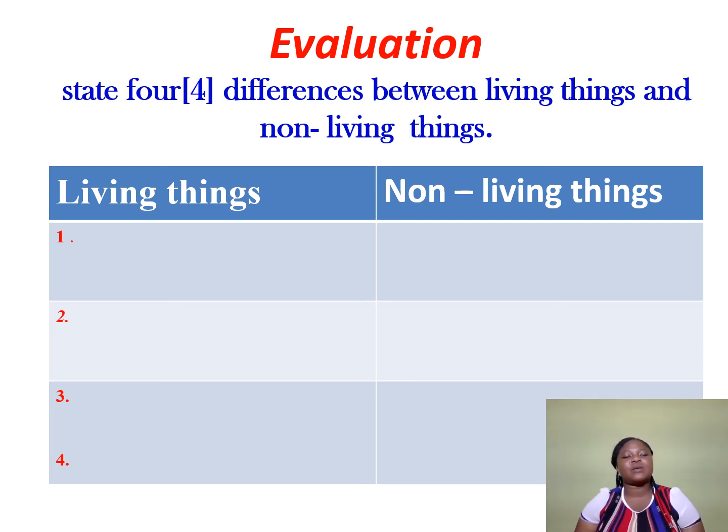So we have it in a table form. We have living things here and non-living things here. We are going to state 4 of what we just learned. State 4 differences between living things and non-living things. Living things do this, non-living things do not do this.